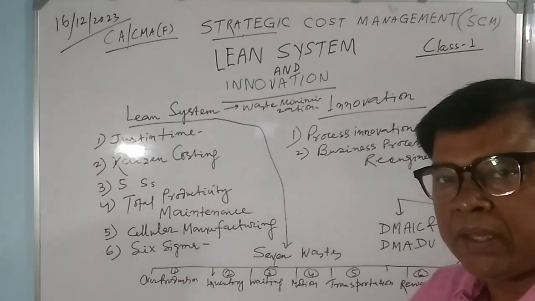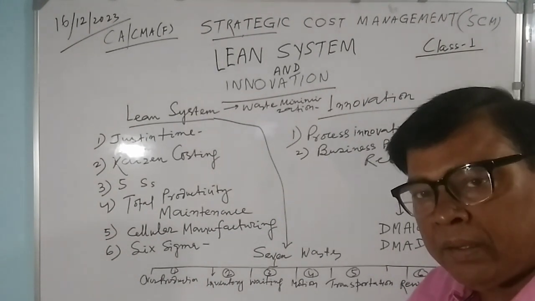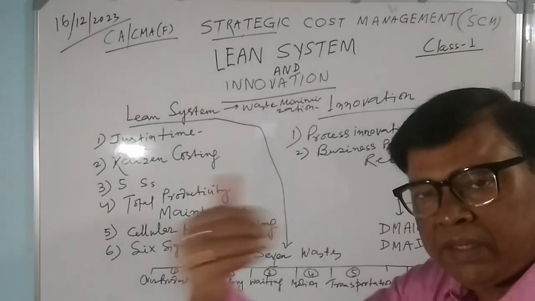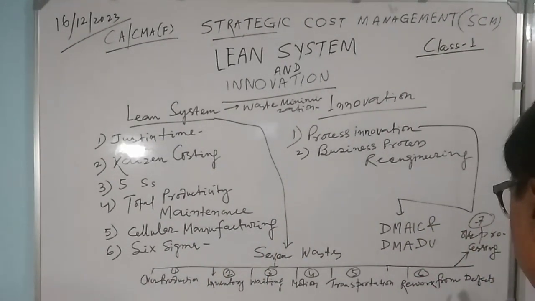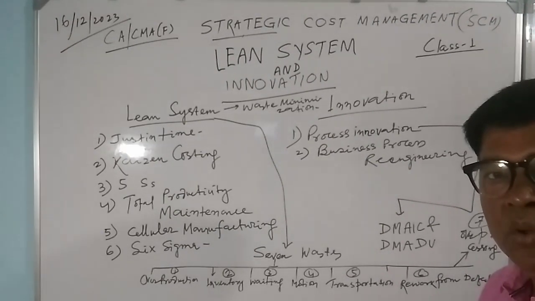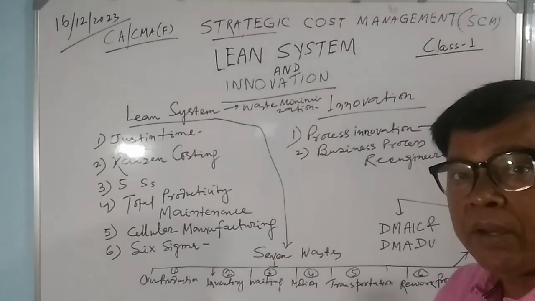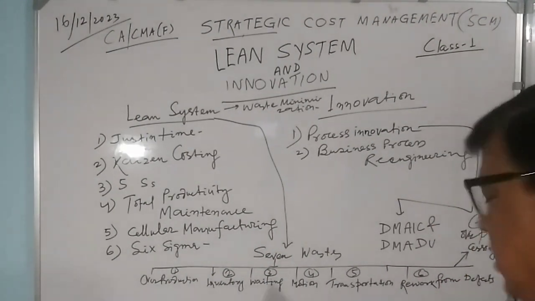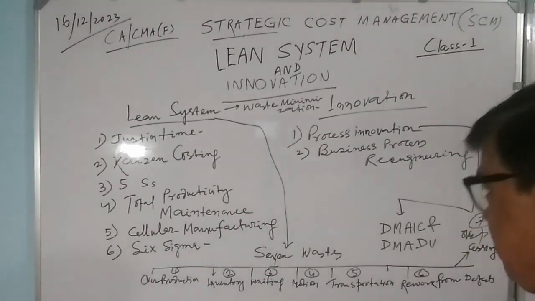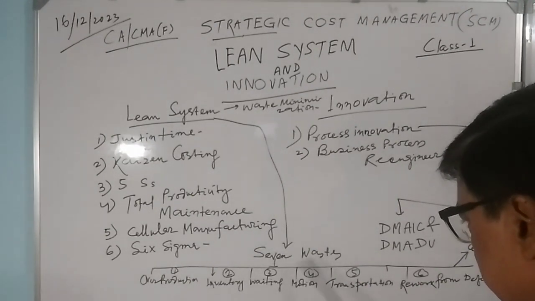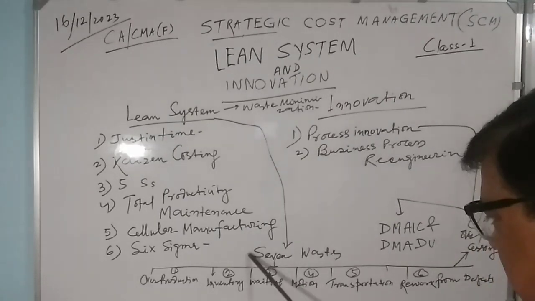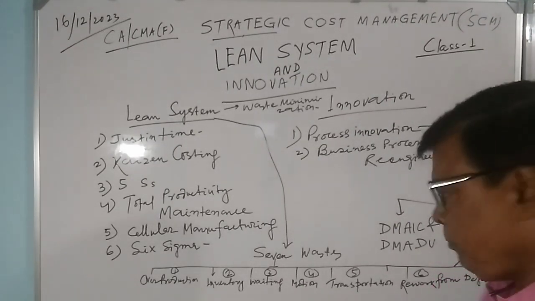This reworking means reprocessing, machine involvement, labor involvement, time involvement, everything. Then over processing: if you process more than required, that is also wastage. So these are the 7 wastes that we have generally identified.